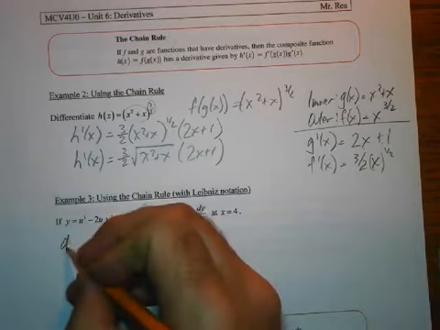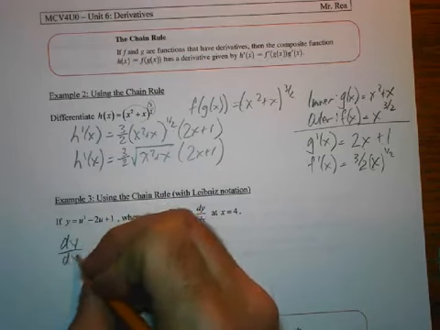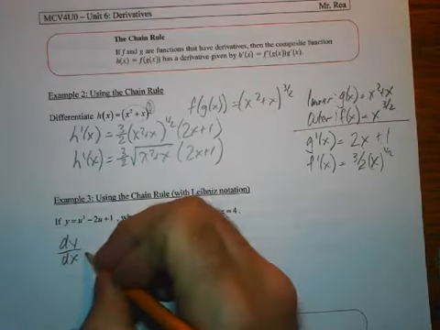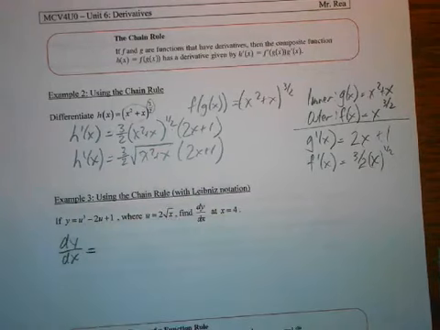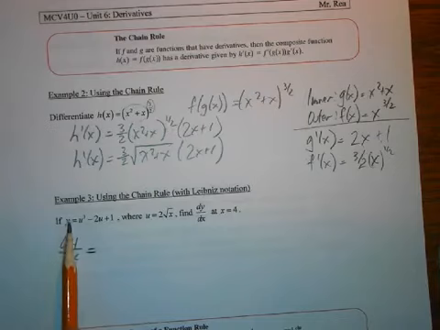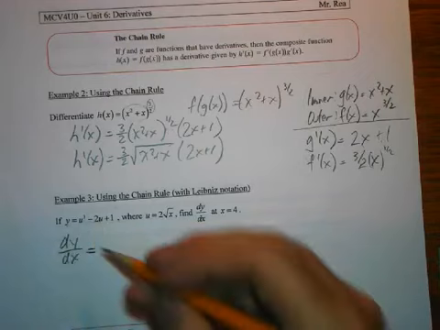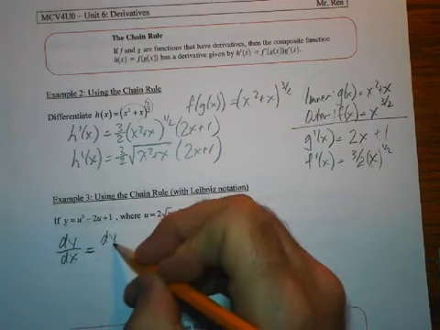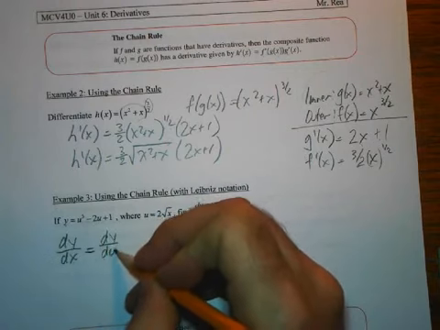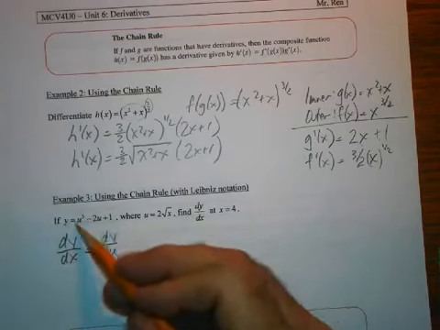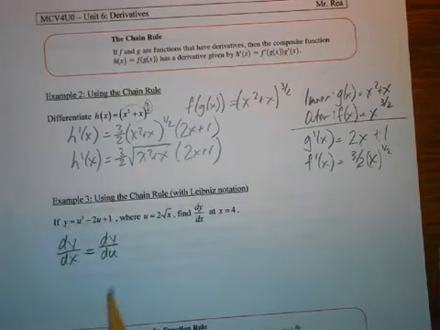So if you remember dy by dx, since this is a composite function, I can't differentiate y with respect to x at the moment because the input variable is u here. So the first thing I'm going to do is dy by du, because I can take the derivative of this with respect to u, no problem.